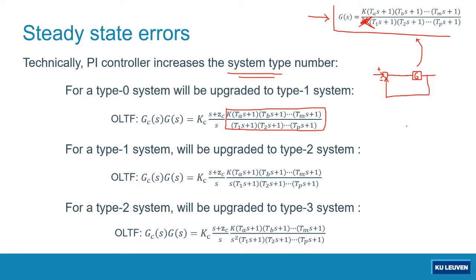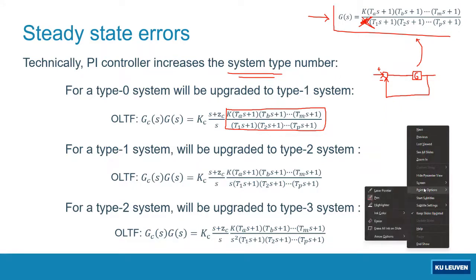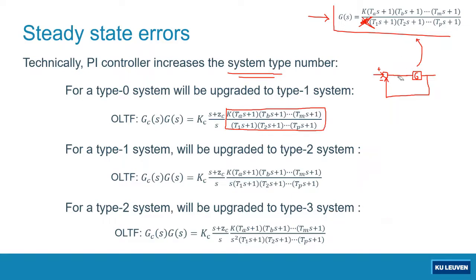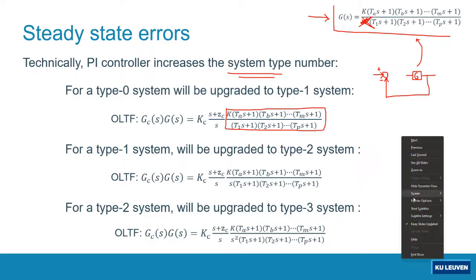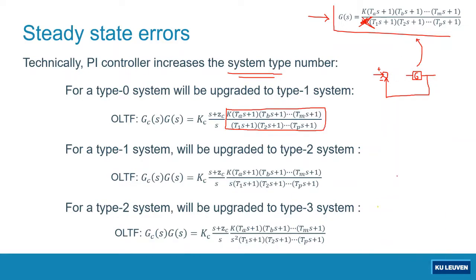But now, if I introduce a PI controller in my unity feedback system, what will happen? I will have this PI controller here now, I will call it as GC.